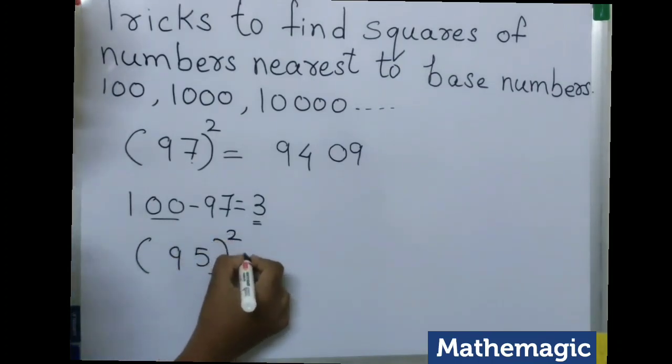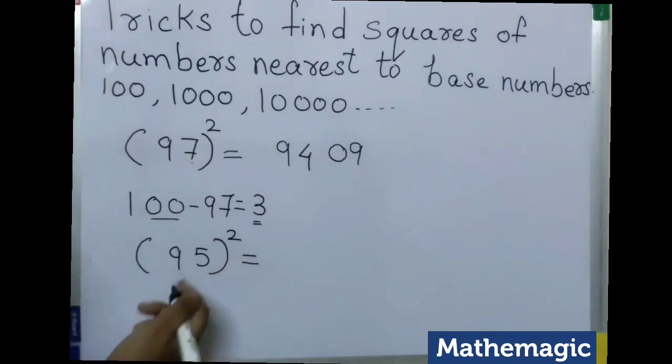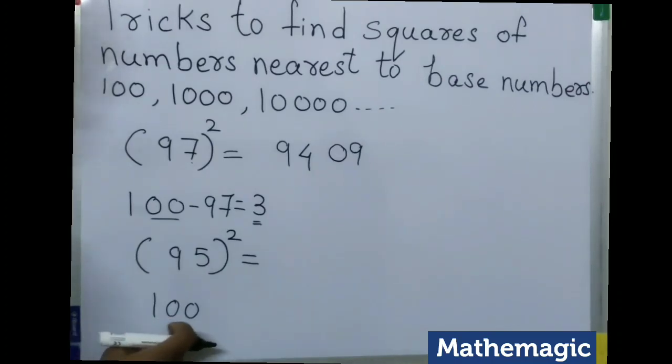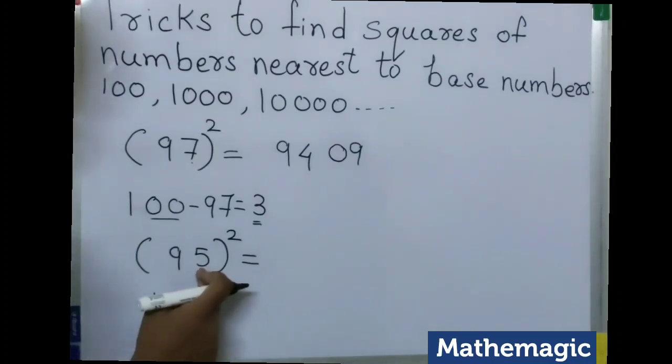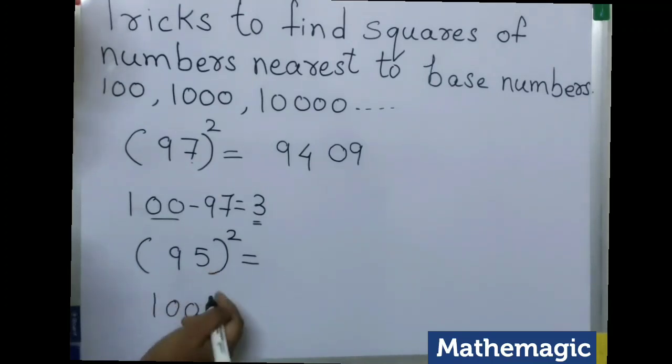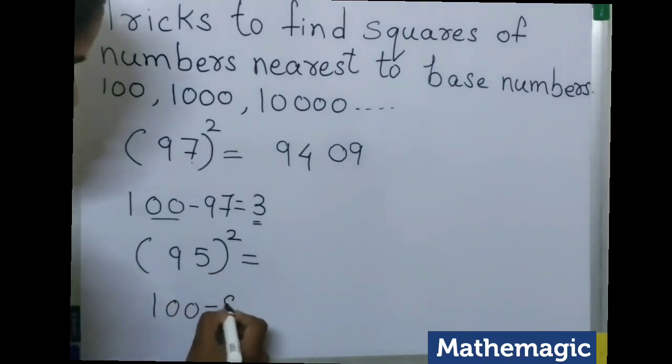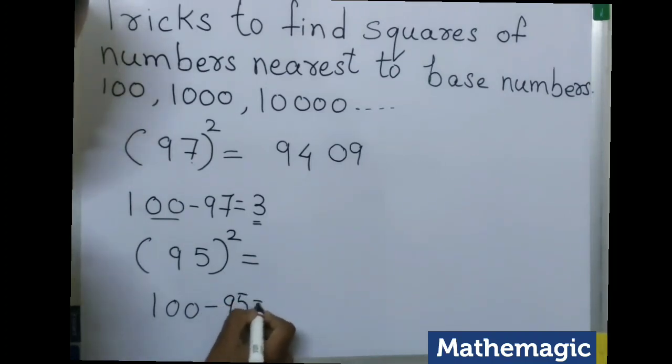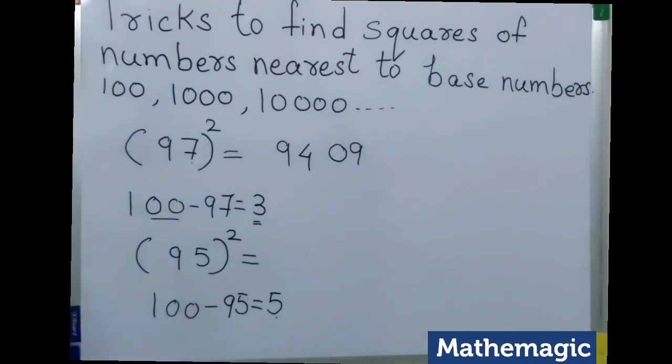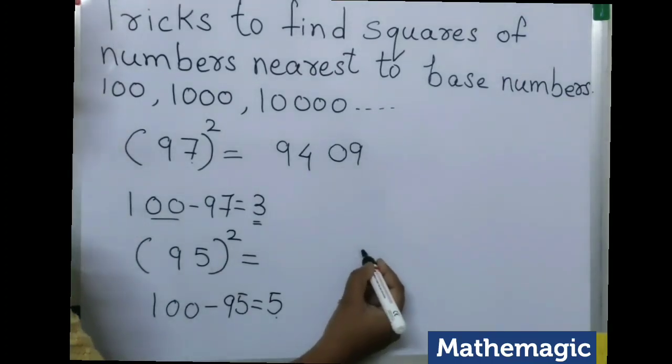Moving on to the next example, let's find out the square of 95. Again we will follow the same steps. 95 is the nearest number to 100. The base number is 100 over here. Again we are having 2 zeros. So we will take 5 as 100 minus 95 gives you 5 only. There is a difference of 5. So we have to take the square of 5 over here. 5 square is 25.